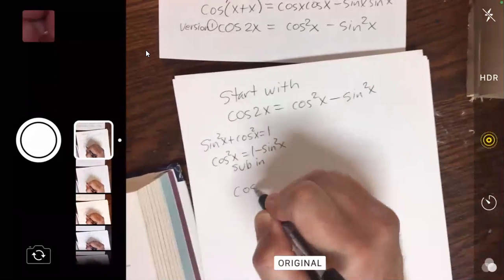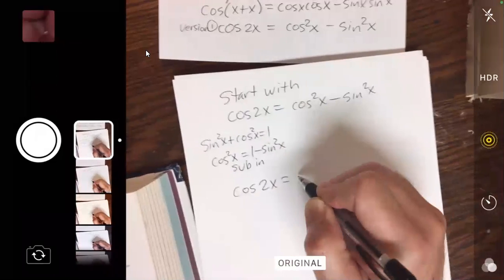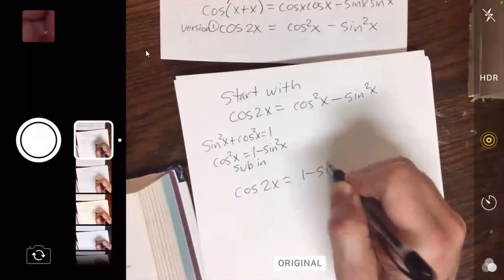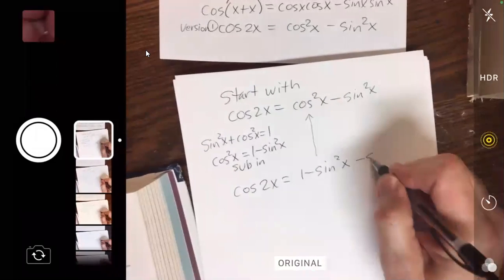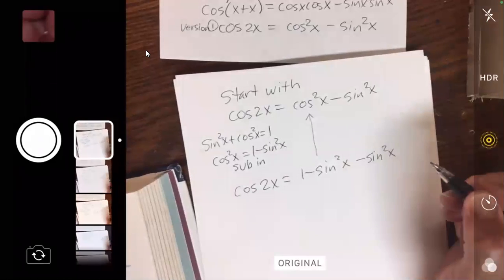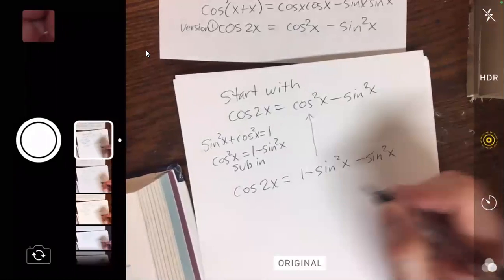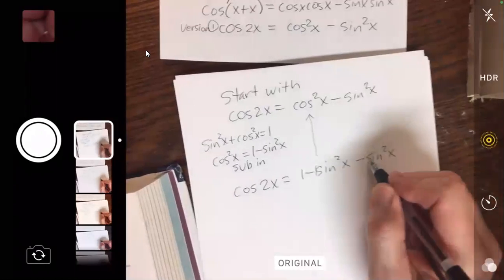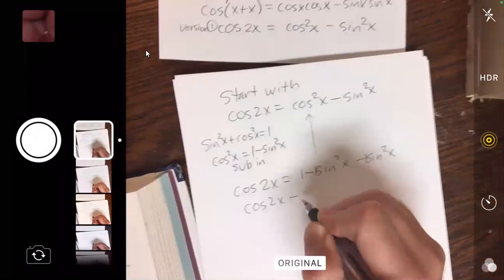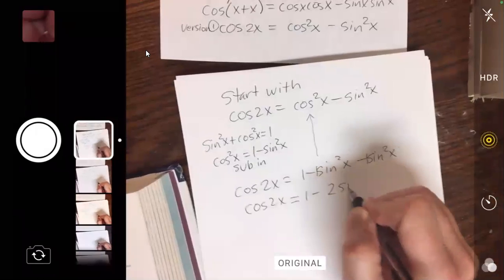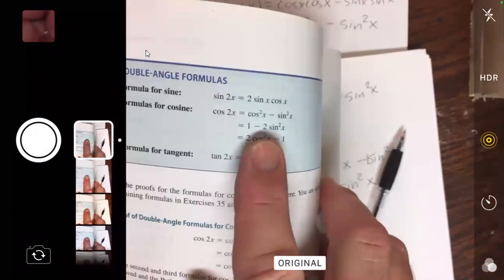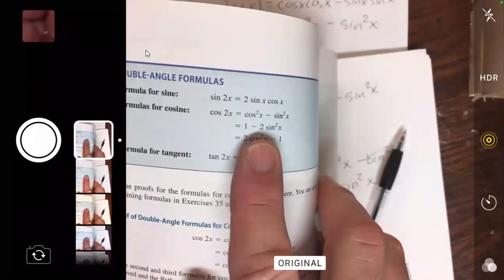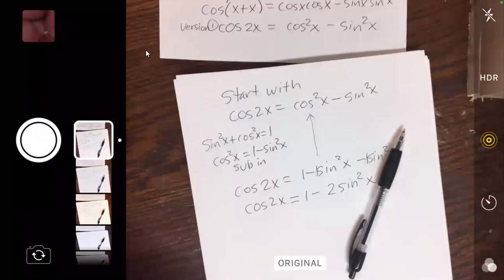Well, you'd get cosine of 2x is 1 minus sine squared, and then minus sine squared. Well, one of them minus one of them, that'd be a negative 2 of them. So cosine of 2x equals 1 minus 2 sine squared x, and that is where they get this version. All right, that's version 2.